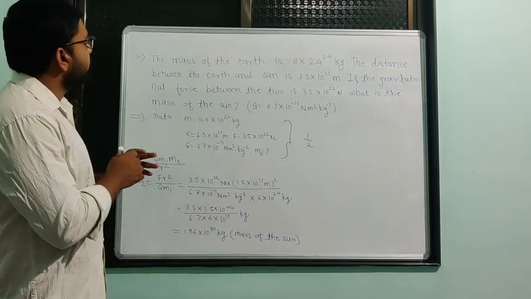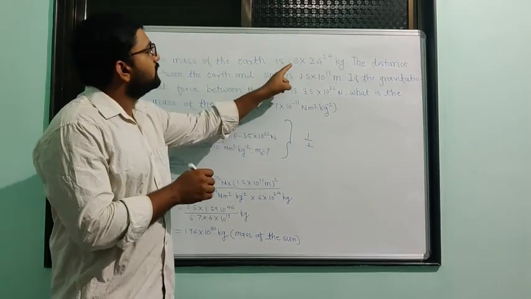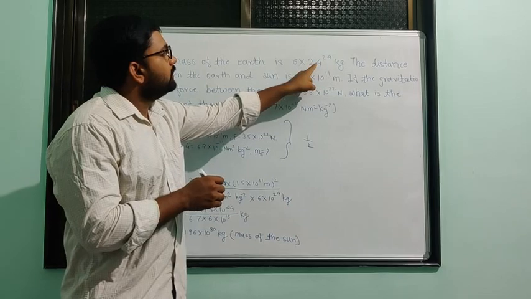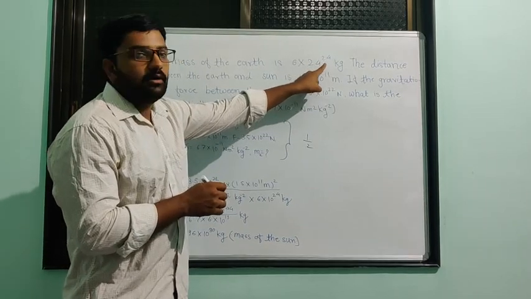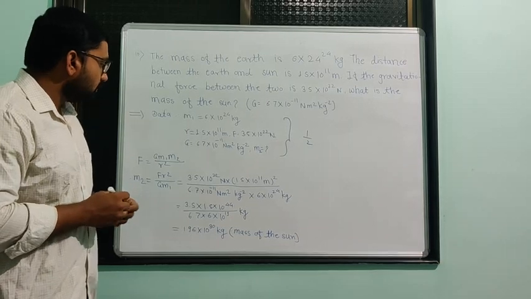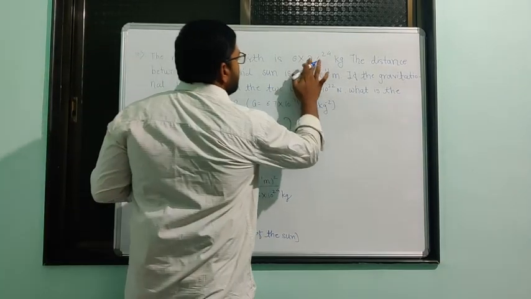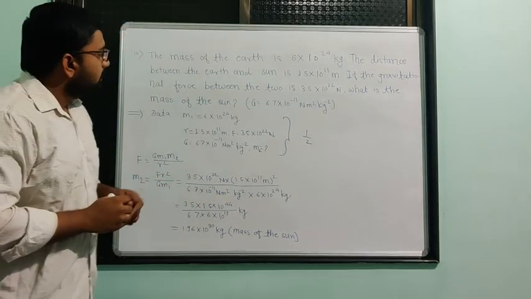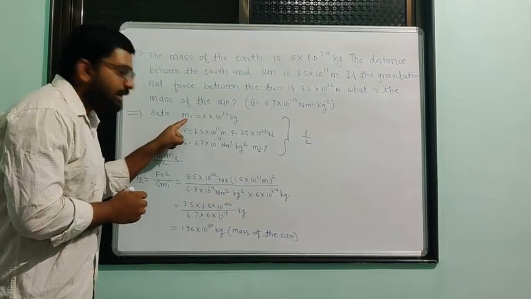So here, what is given? The mass of the earth is 6 × 10^24 kilogram, which we call M1.